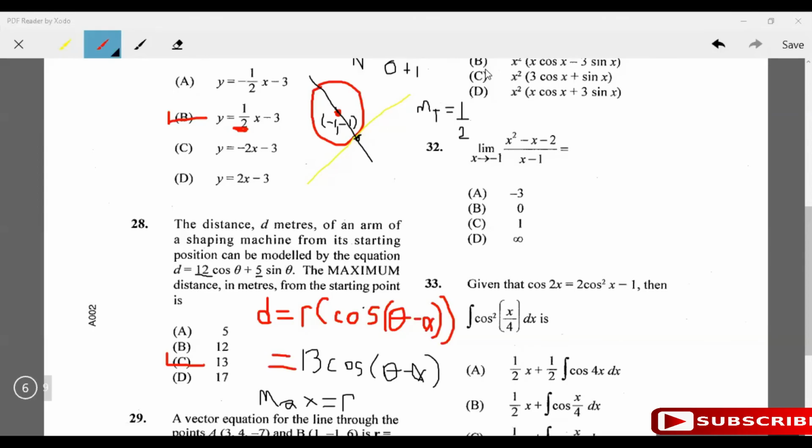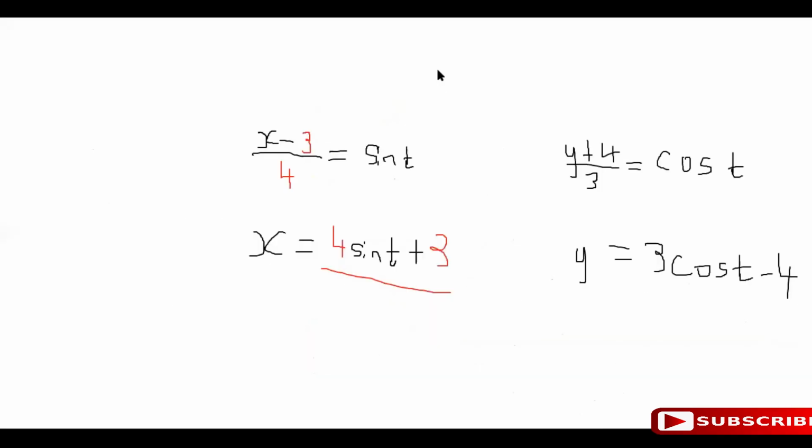Let's go to a new sheet. That should make it better. D is equal to 12 cos theta plus 5 sin theta.